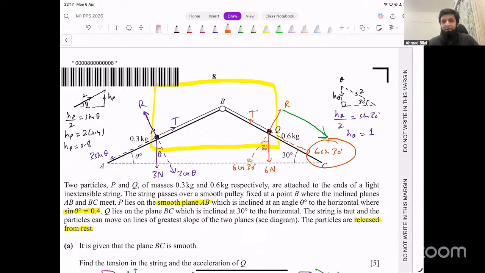Weight is not considered a driving force. So apart from weight, there's no other force that's acting. So the driving force is 0 for that reason. So, weight is not considered part of driving force. So that will not be considered.